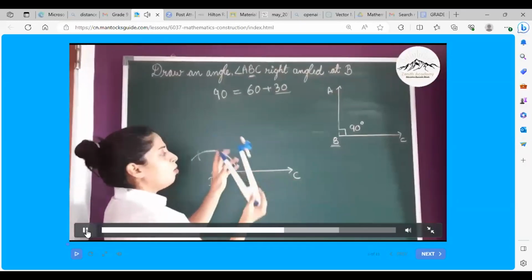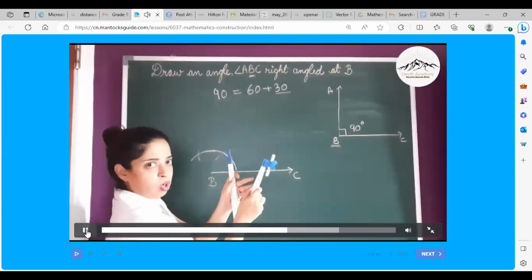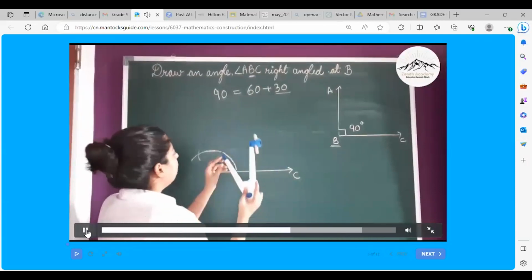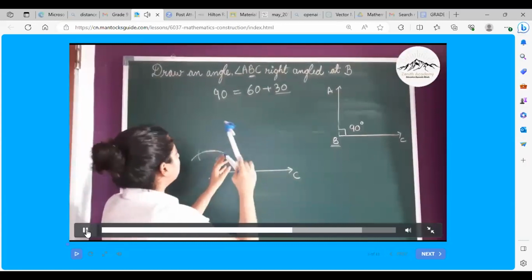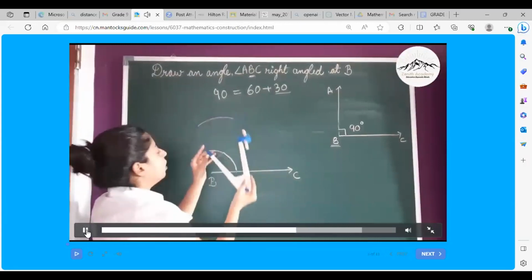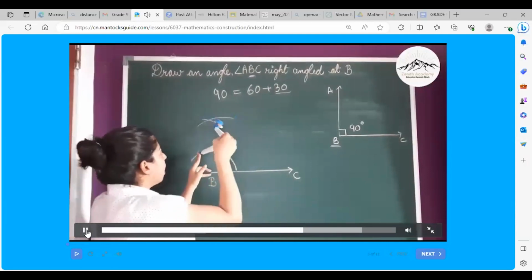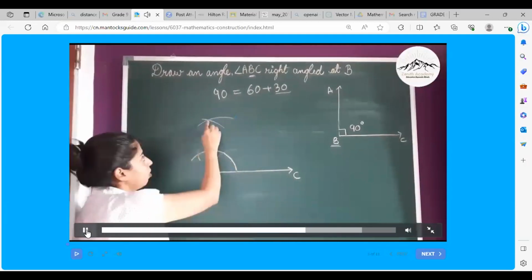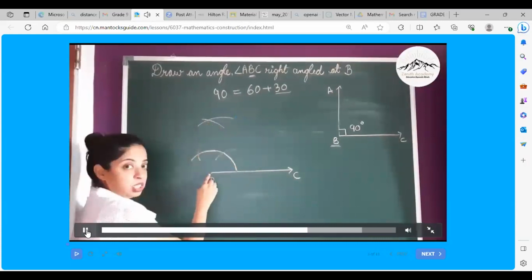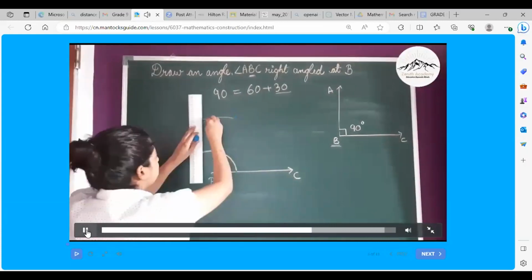So what we will do, we will keep the point here. Now you can change the measurement if you want or keep the same measurement. Now keep the pointer here, draw an arc, keep the point on the other arc and cut the previous arc. And now if you join this point and this point, you will get a 90 degree.